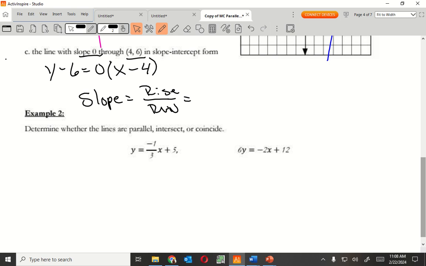It's going to be my rise. So my rise is going to be 0, and my run could be anything, because 0 divided by 5 is still 0. 0 divided by 10 is still 0. 0 divided by 1 is also 0, right?